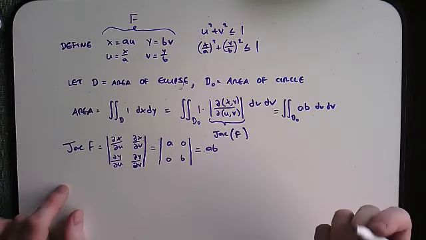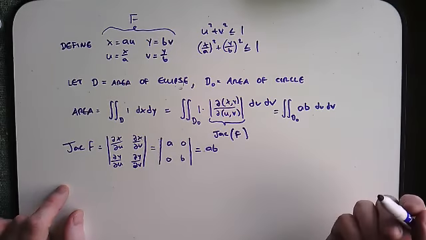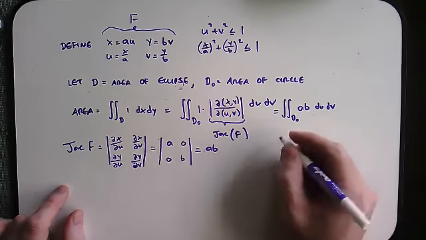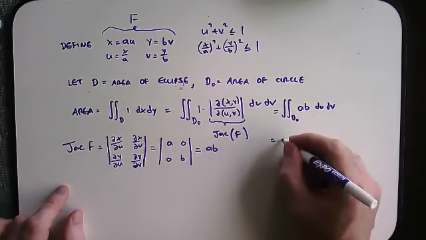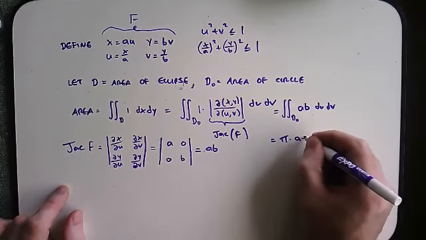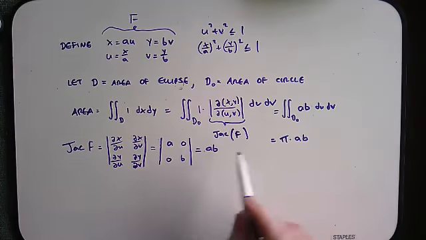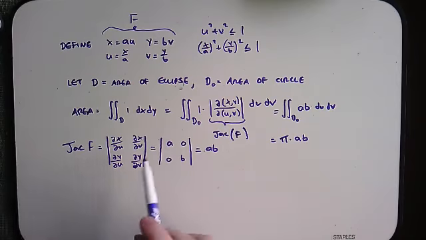That's the end of the problem, because this double integral is just going to give us a circle of radius 1, and a circle of radius 1 has area pi. And so we have pi times a times b, and pi times a times b was set up originally as the area of our ellipse. So just to recap, I wanted to find the area of an ellipse.